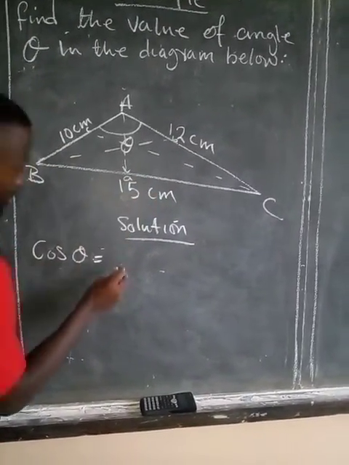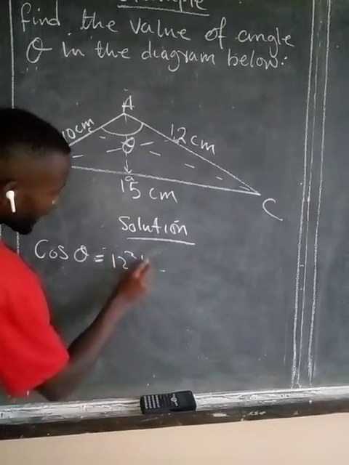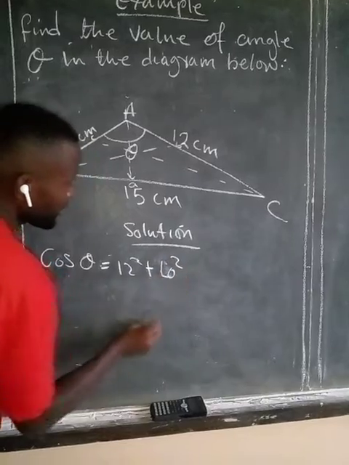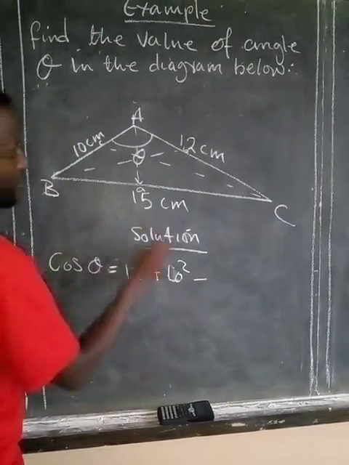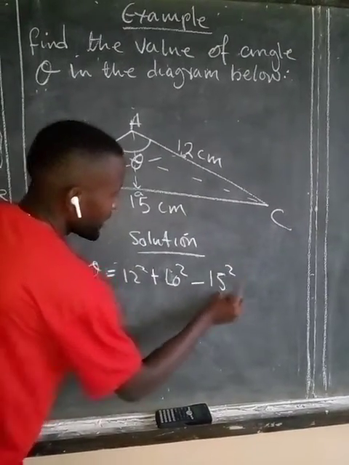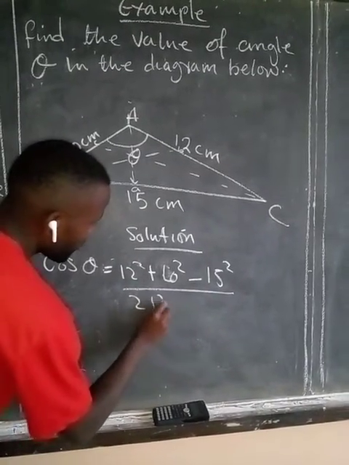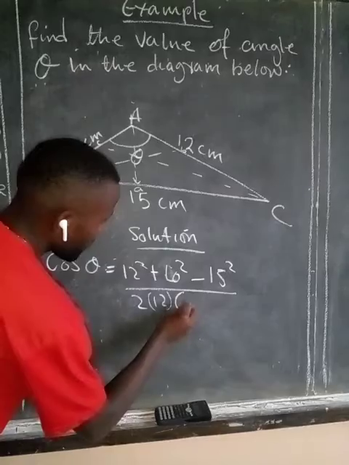So it will be 12 squared plus 10 squared minus 15 squared over 2 multiplied by 12 multiplied by 10.